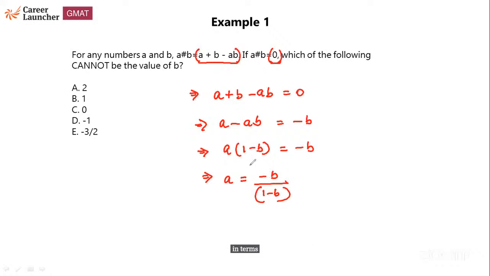This is what the question is giving you, that a is minus b over 1 minus b. Now you know that you cannot divide anything by 0. In a fraction, the denominator can never be 0. Why? Because dividing by 0 is not defined.